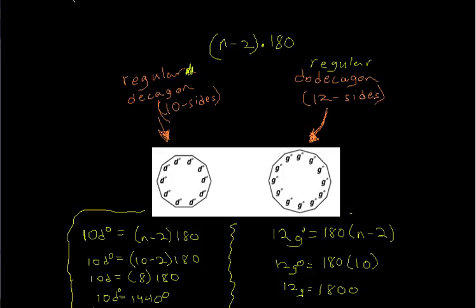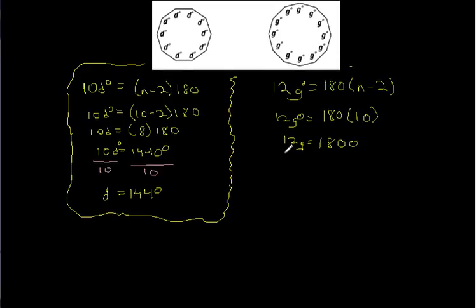Since I've got 12 multiplying into g, I divide both sides by 12. These cancel.